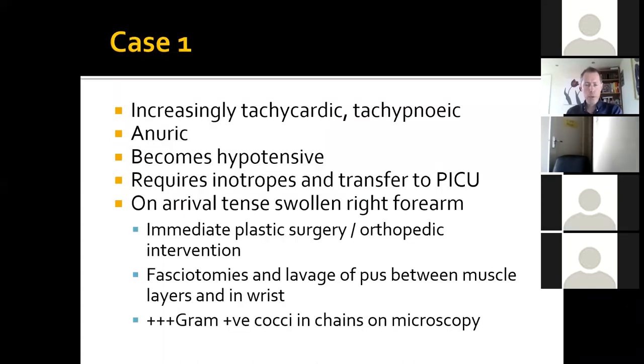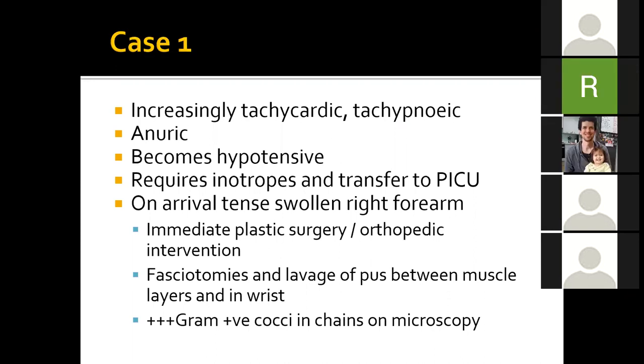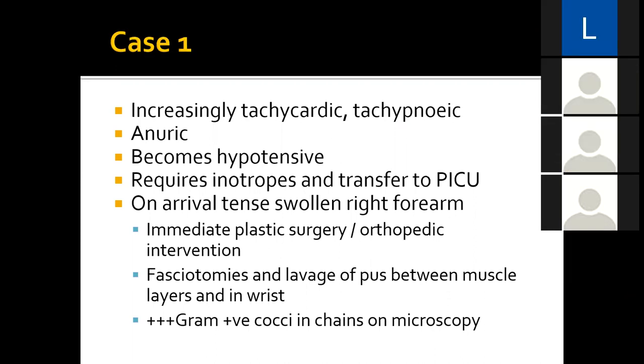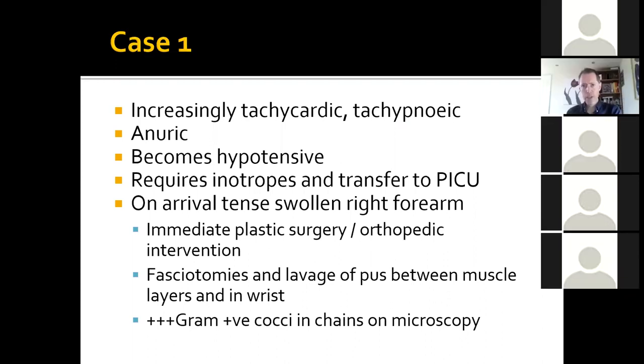But over the course of the day, she becomes increasingly tachycardic and tachypneic. It becomes apparent that she is anuric. She becomes hypotensive and requires inotropes and transfer to a pediatric intensive care unit. On arrival, she's found to have a tense, swollen right forearm.